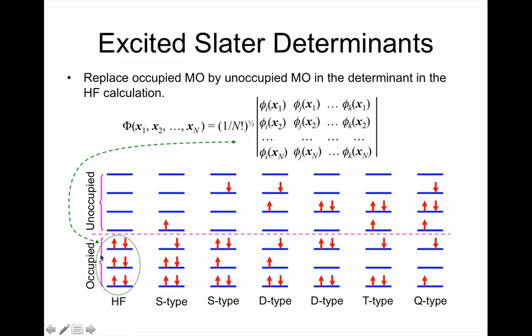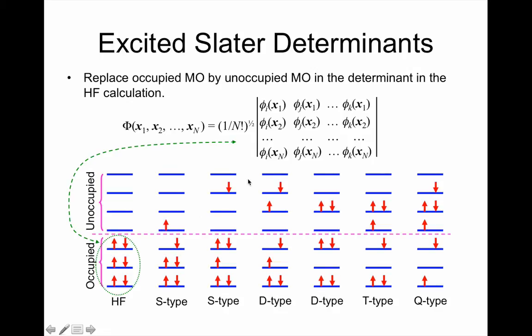What we can do now here is that in the expression for the wave function, or for the Slater determinant here, we can replace some of the occupied molecular orbitals by some of the unoccupied orbitals, and thereby we can get new Slater determinants which we can use in order to get an improved description of our total wave function. We can, for example, take one occupied electron here, and then we can promote this to one of the unoccupied molecular orbitals.